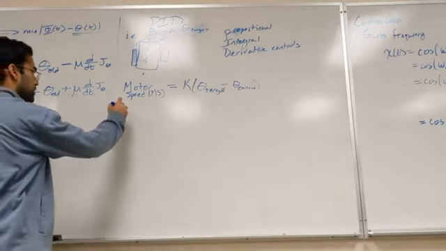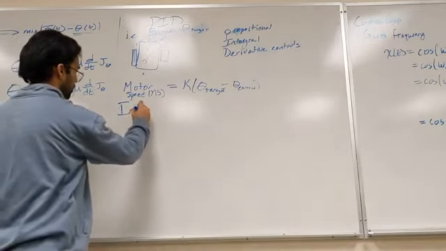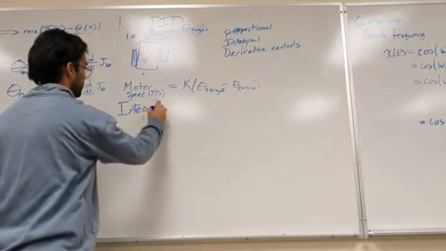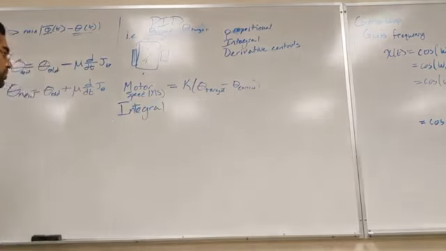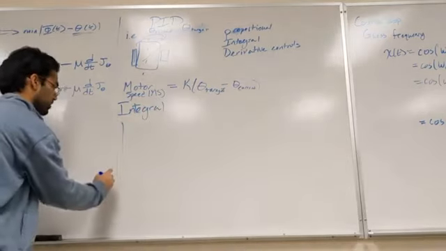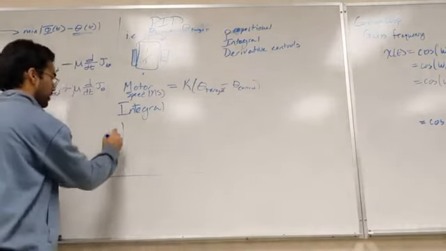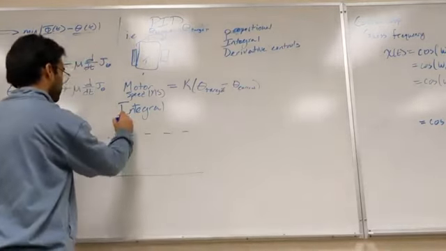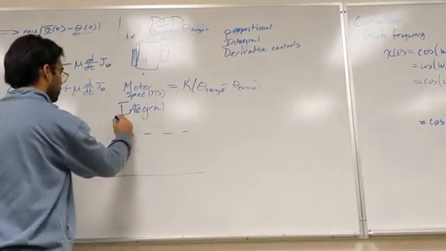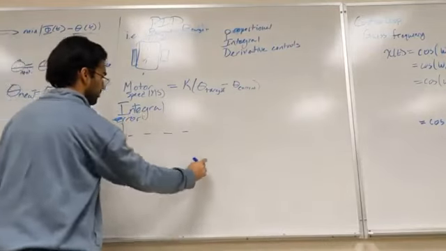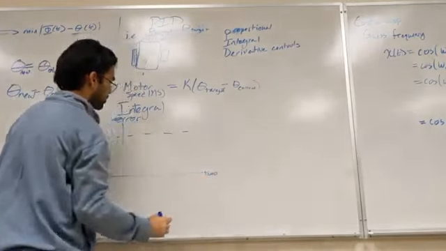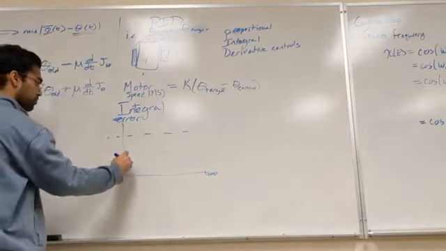But oftentimes I use an integral controller. And the idea of an integral controller is, let's say you have your target angle, and this is your error, and this is time. With a proportional controller, you will approach it like this.